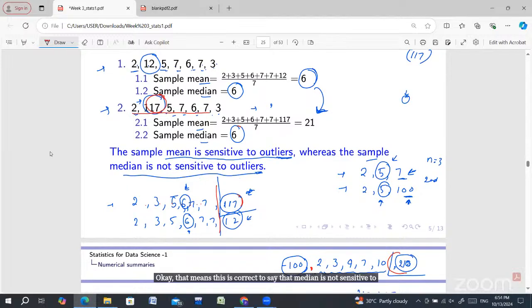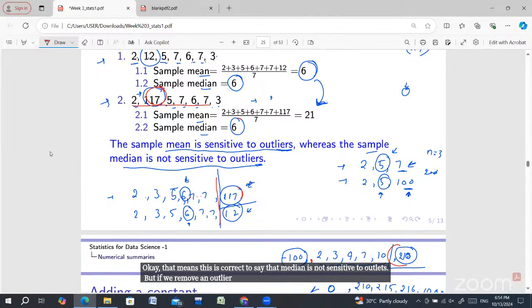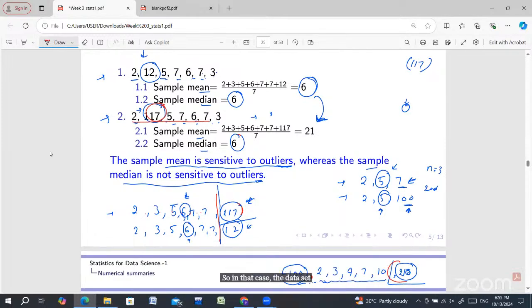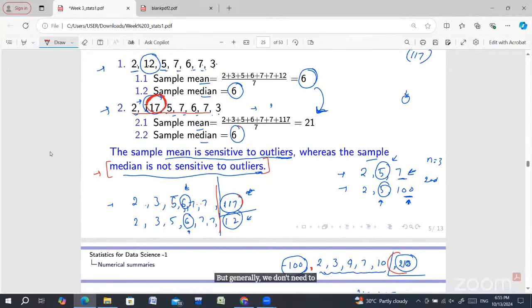But if we remove an outlier and introduce some other number, then the data set will be changing, because one data point is removed. You are changing your data set. Generally we don't need to remove the outliers, so if you calculate the median by considering them, then the median will not be affected.